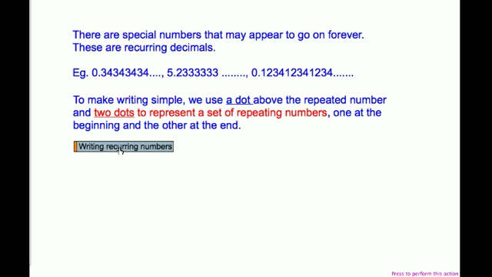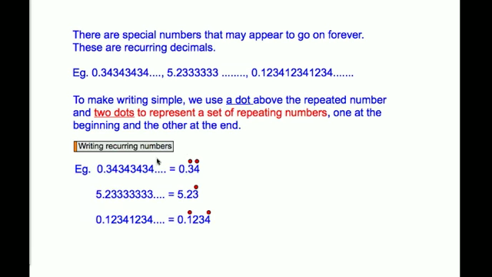We look at some examples. If 3, 4 are the repeating numbers, we put the dots on 3 and 4. So this is a shortened form. Similarly, 5.2333, 3 is the repeating digit.